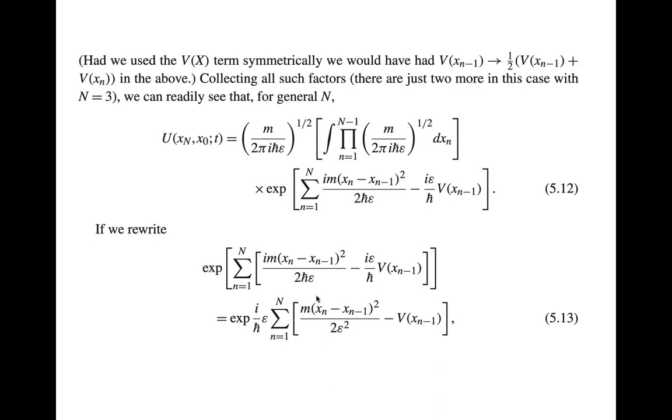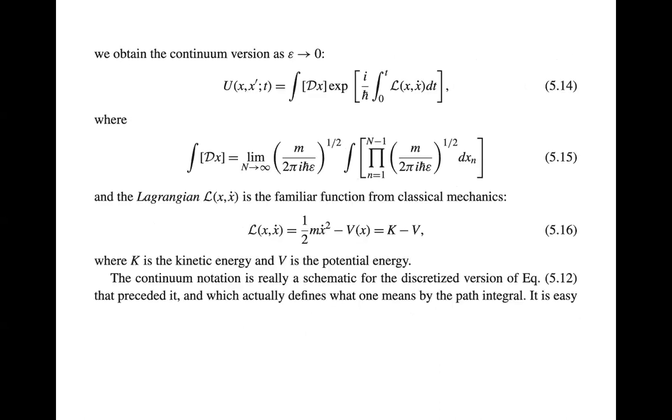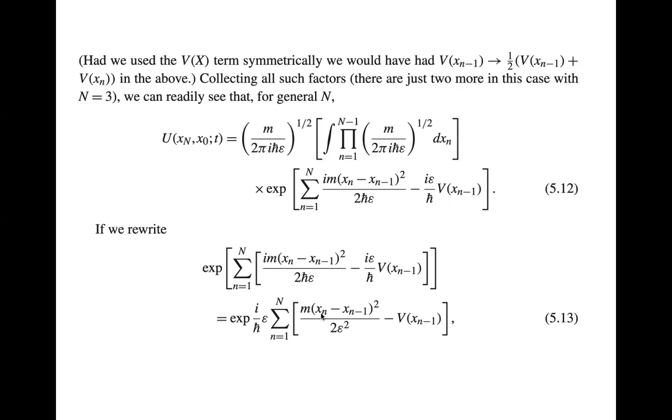Right. So what is that? What is this? Yeah. So this, (x_n minus x_{n-1}) divided by epsilon, is nothing but the momentum. It is the definition of momentum.